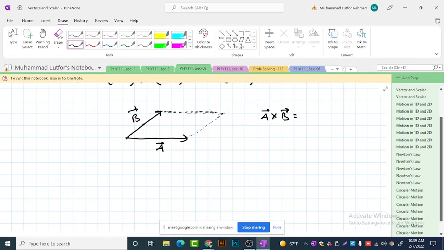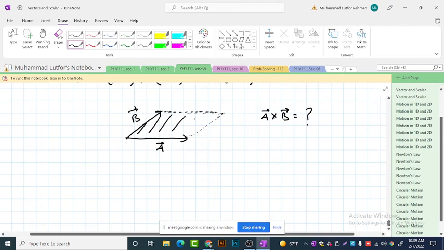What physical quantity will I find from here? Do you have any idea? So area. It's going to be area. That's great. And area is a vector, right? Remember this point. Area is a vector. It has some direction.